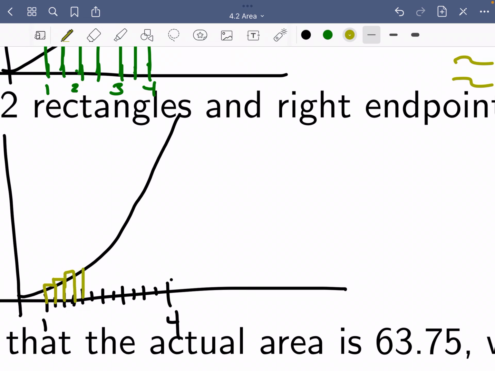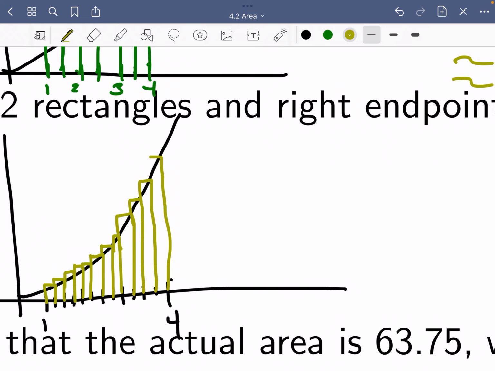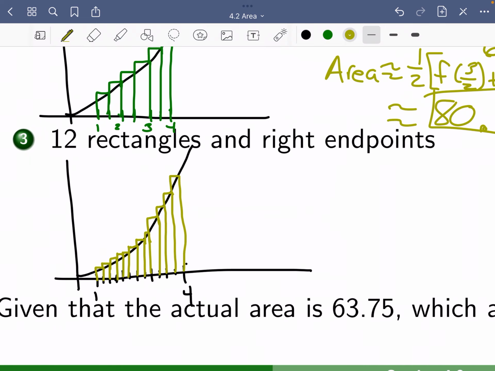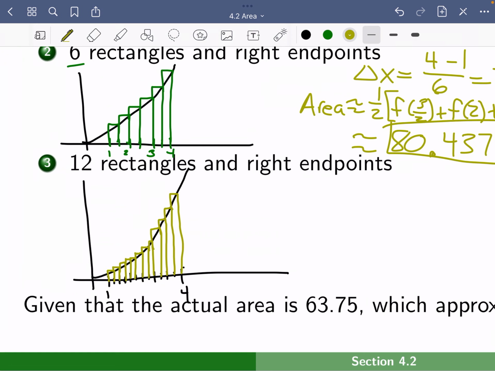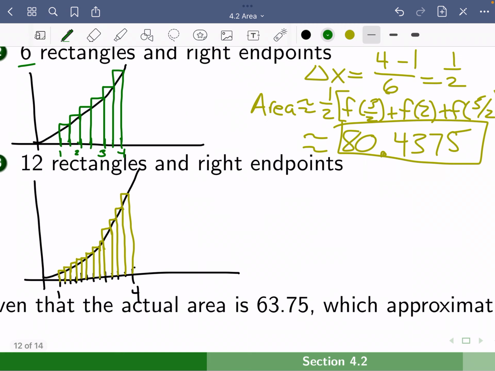So we're using again these right-hand endpoints. Now we have 12 rectangles instead of 6. Each one of these goes a little bit over, but it looks like it's not going quite as much over as we were previously.